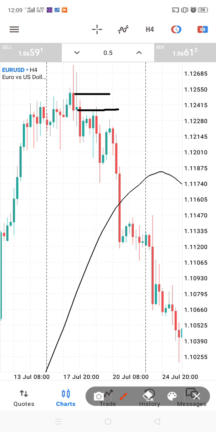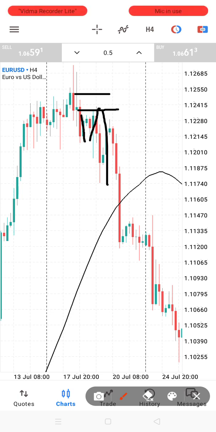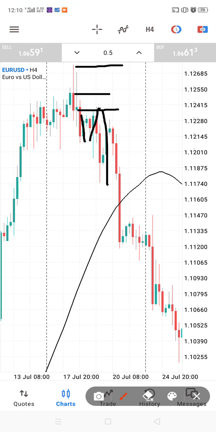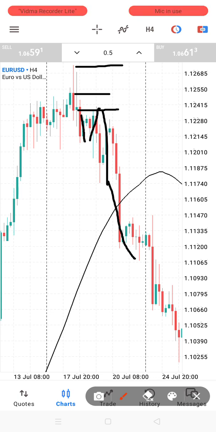Price continued lower after that, then it tested our area and then continued down quickly and validated the trend reversal, and our zone was quite a good one. Our stop loss, of course, needs to be here, and considering the continuation that happened, it was a very profitable trade from a risk reward view.